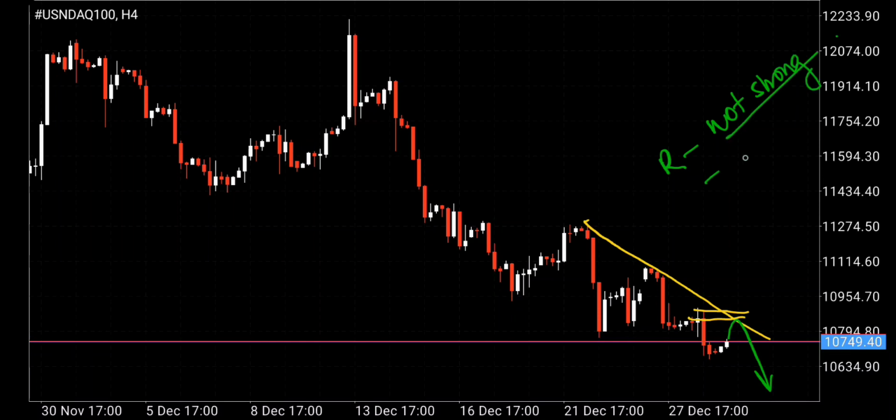So you need to make sure that you enter with what? Confirmation. If you decide to sell there, because you're still very much bearish, it's within your rights to sell there. And again, the reason you need to wait for confirmation is that the price is now around that level on weekly and daily that I said it's going to struggle to pass.